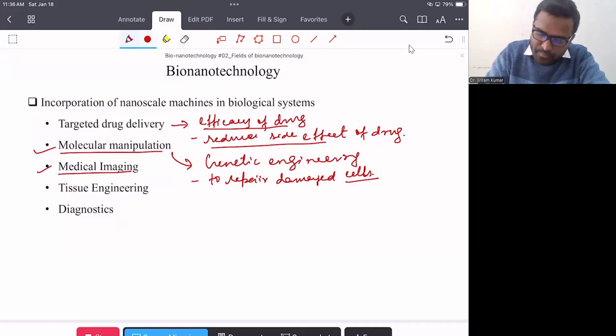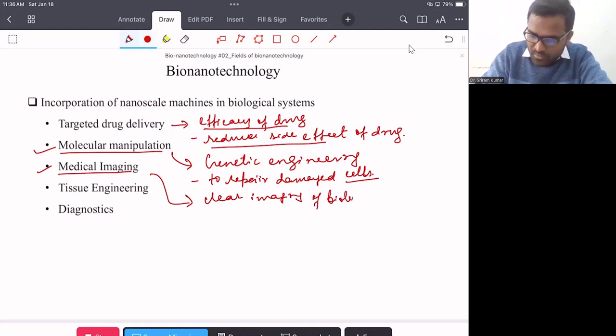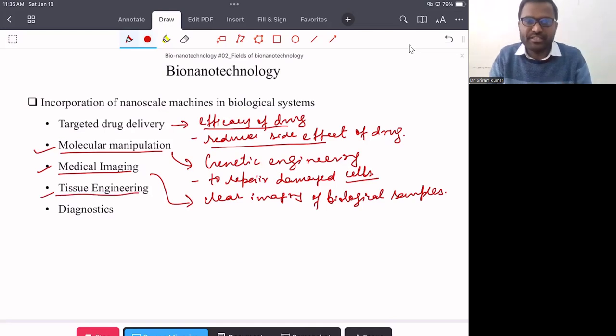The main purpose of improving medical imaging is to have clear imaging of the biological entity, a clear image of the biological sample.